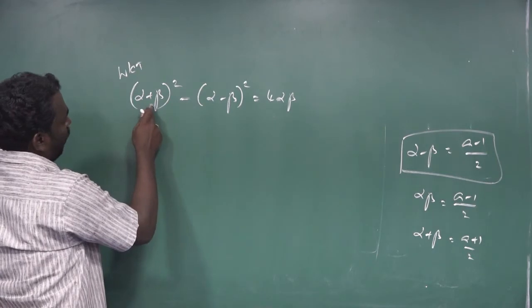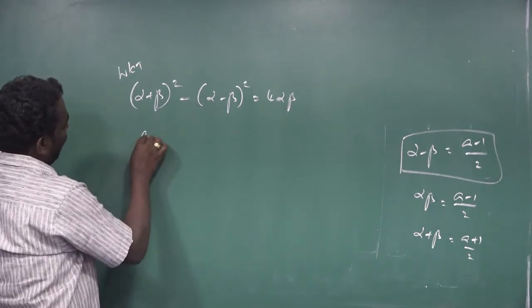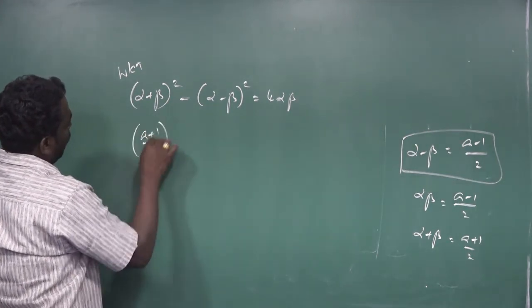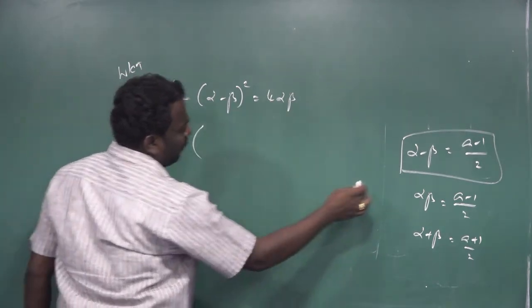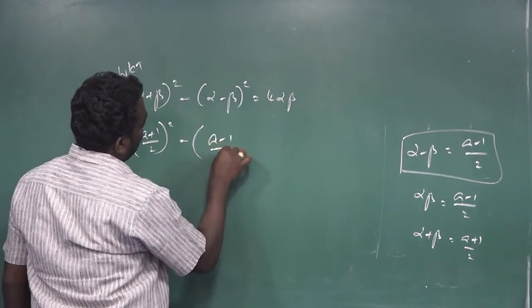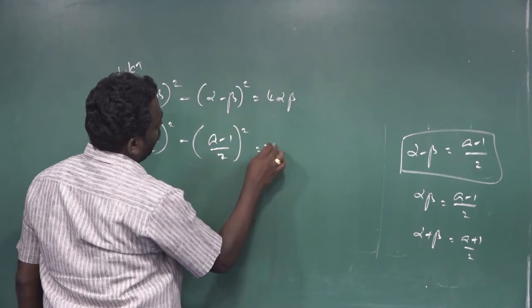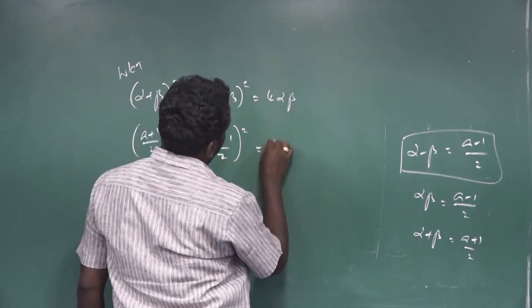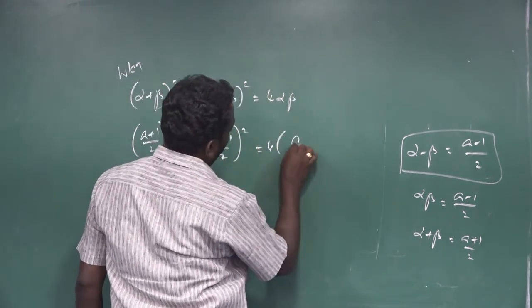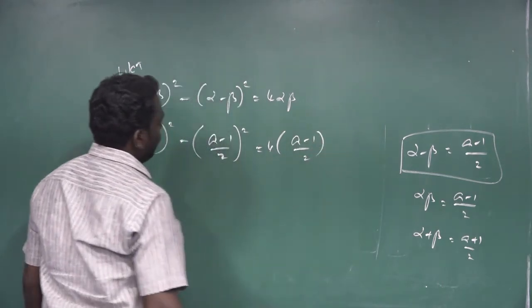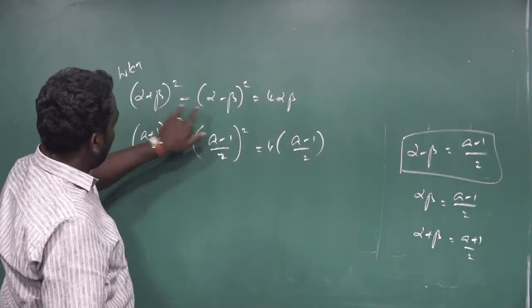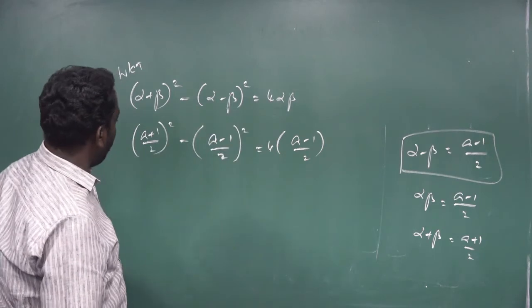Now here alpha plus beta equal to a plus 1 by 2 whole square minus alpha minus beta equal to a minus 1 by 2 whole square is equal to 4 into alpha into beta equal to a minus 1 by 2. Just replace alpha plus beta, alpha minus beta and alpha into beta value.